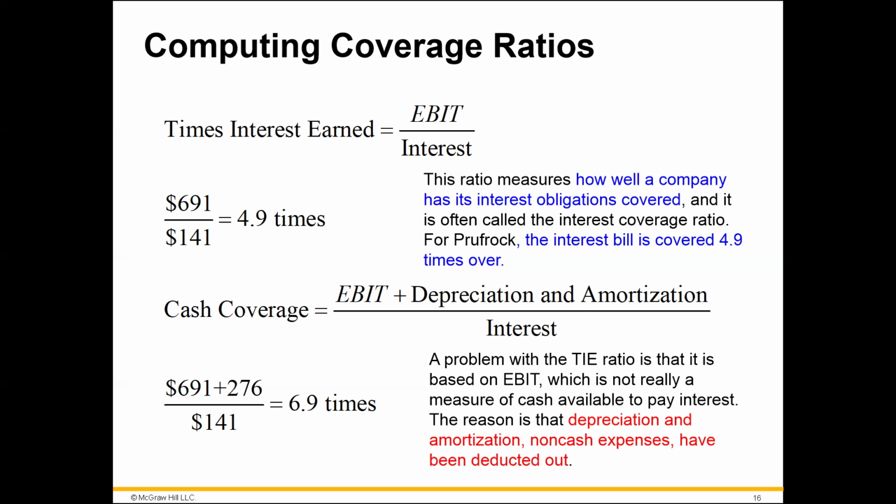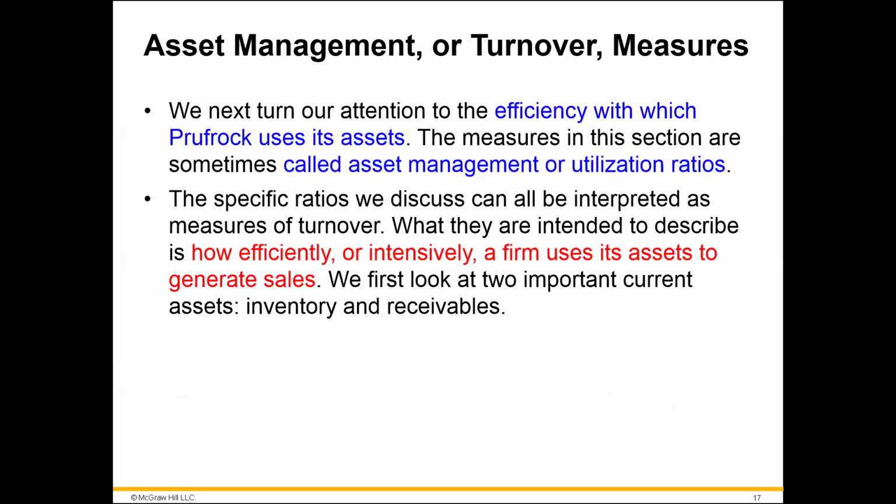For our example corporation, this ratio is 6.9 times. So we can identify that this cash coverage ratio is higher than times interest earned, right? Because the cash coverage adds back depreciation as cash available, right? All right.